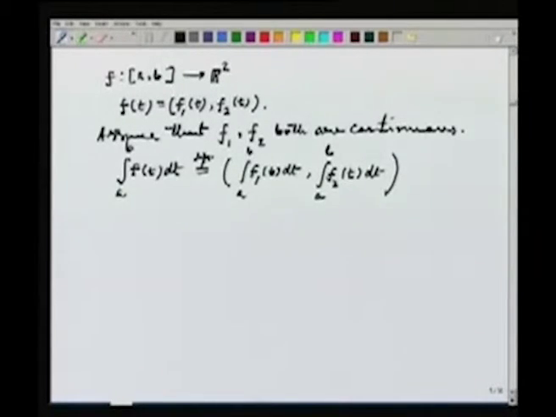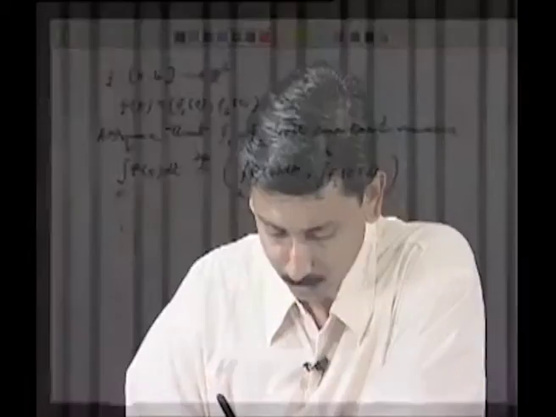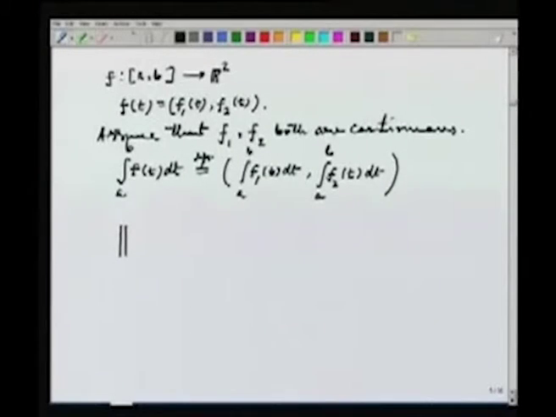Now once I do this, then I can talk about an analog of something which we have done already. What I do is I look at the norm of this vector, the integral from a to b of f(t) dt. Notice that the integral from a to b of f(t) dt is a vector by my previous definition of integral.